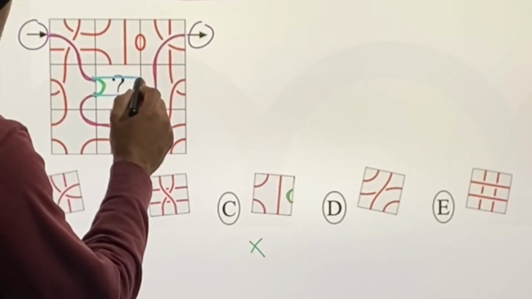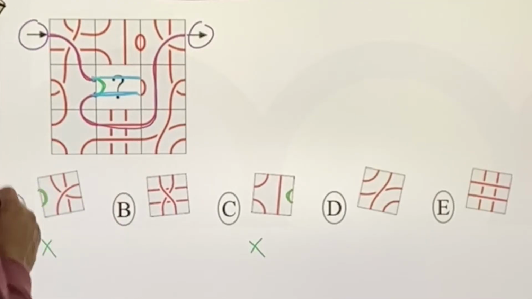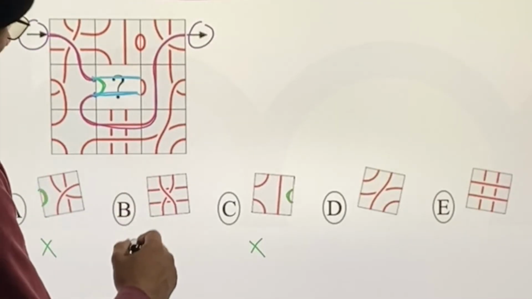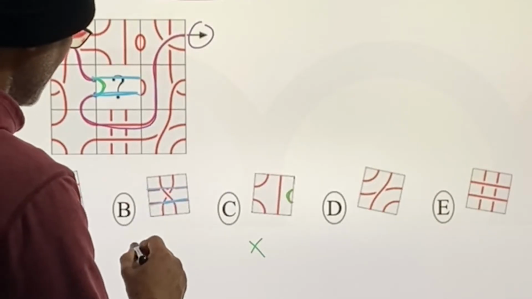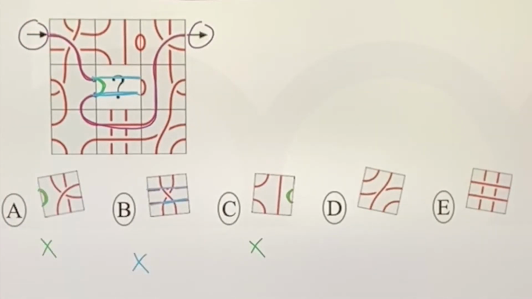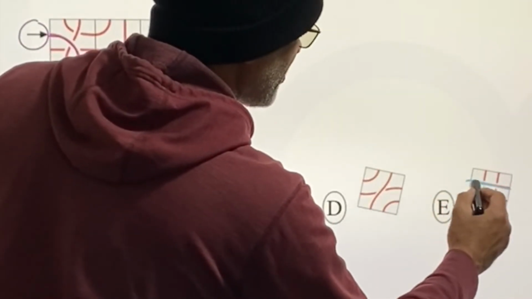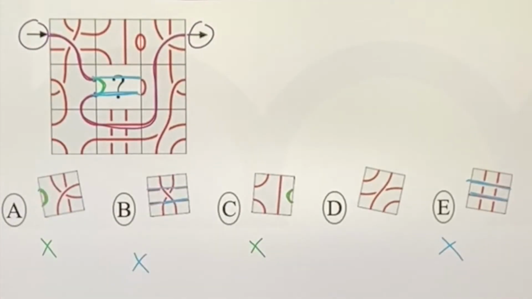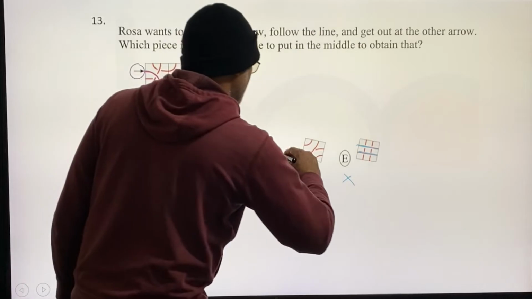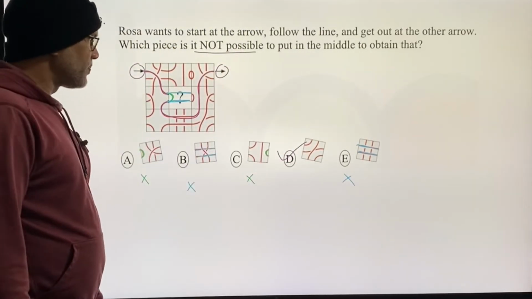For this, connecting straight, I can do that with this. So this is also not the correct choice. I can also do it here, so this is also not the correct choice. Then the only thing remaining is D. Then D is the correct choice.